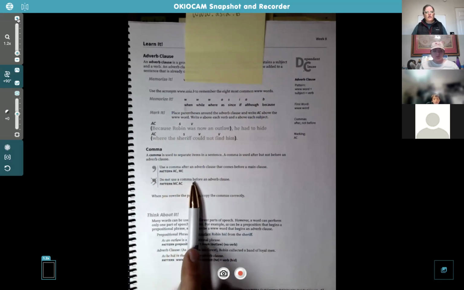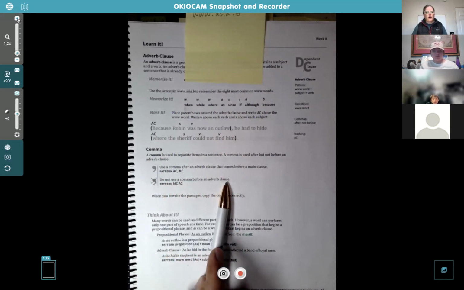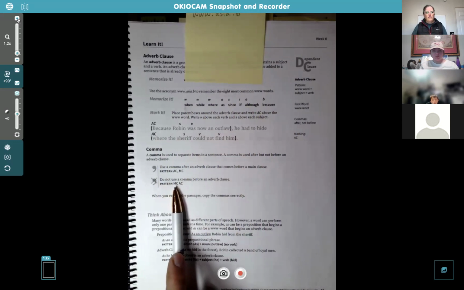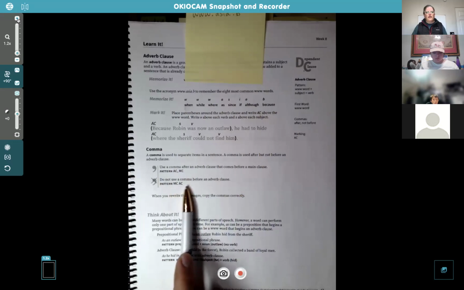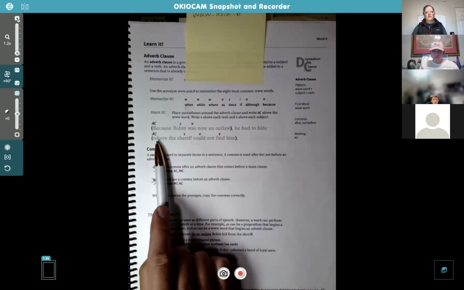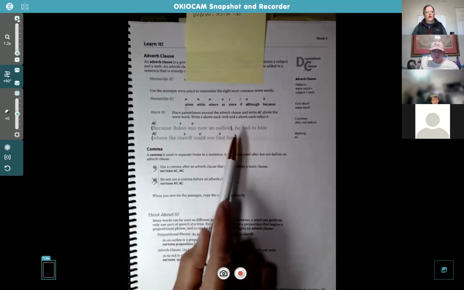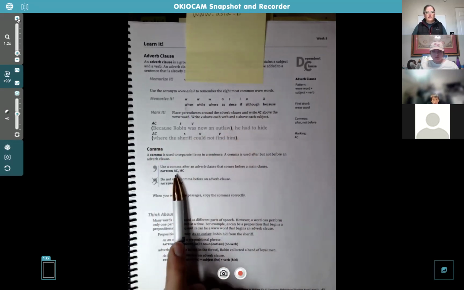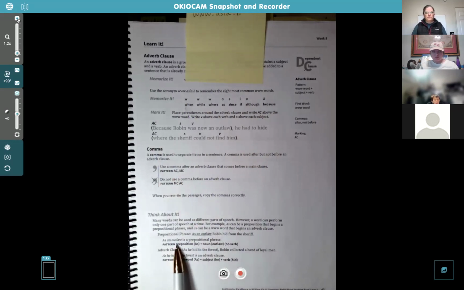Do not use a comma before an adverb clause. So if the main clause comes first and then the adverb clause, no comma there. And that's the example for the second half of the sentence because this clause comes after the main clause and there's no comma there. Okay, so AC, comma MC or MC AC.